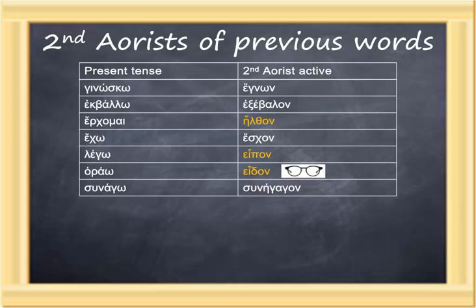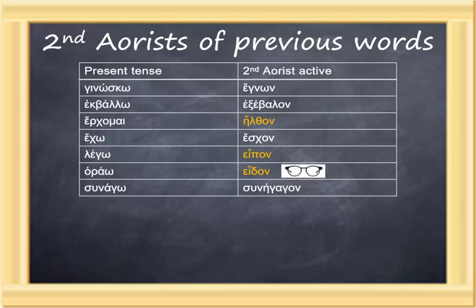Each of these verbs has a second aorist. In the second column, those second aorists are listed. Some of them you can sort of recognize. Gno being the root behind ginosko and egnon, bal being the root behind ekballo and exebalon. But erchomai has a separate root for its aorist, elthon.